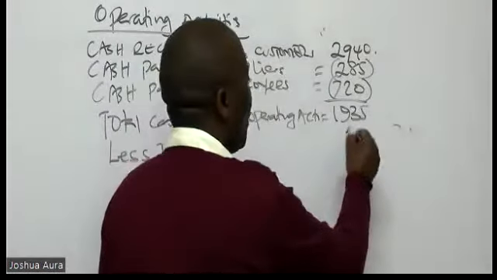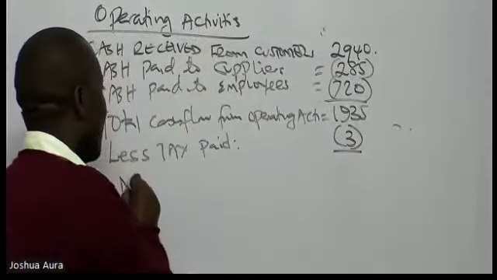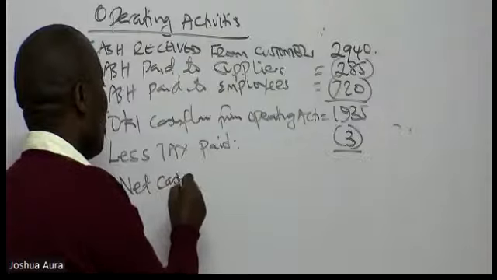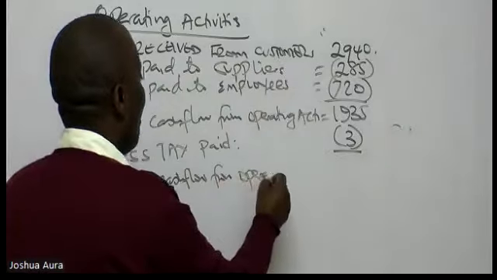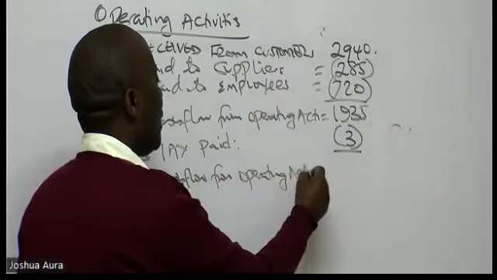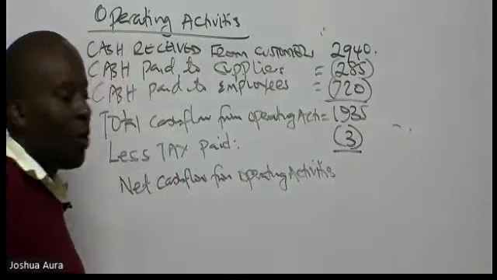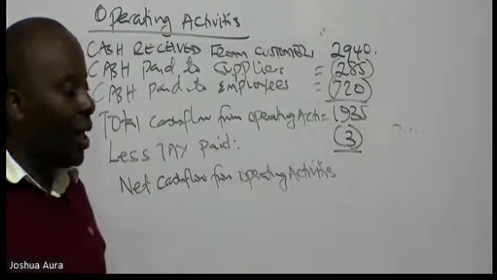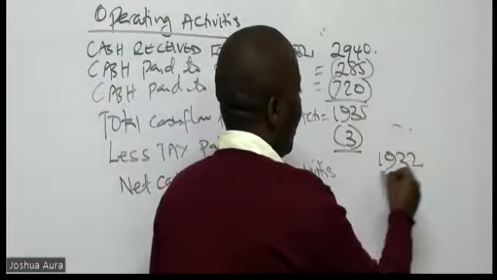Tax paid is 3. So when you subtract like that, then you should be able to get net cash flow from operating activities. So 1935 minus 3 gives me 1932.